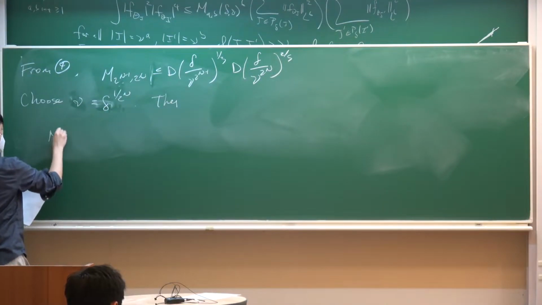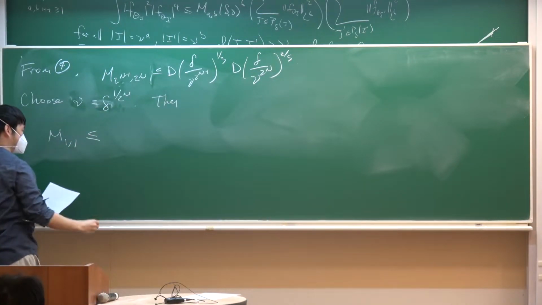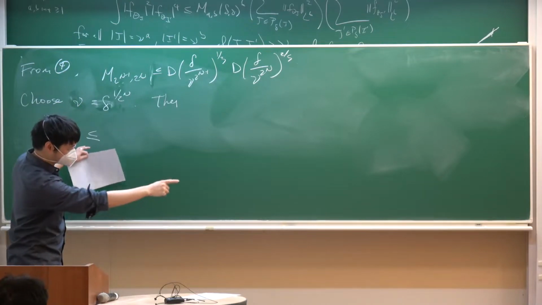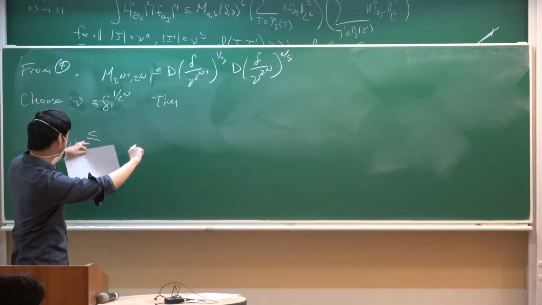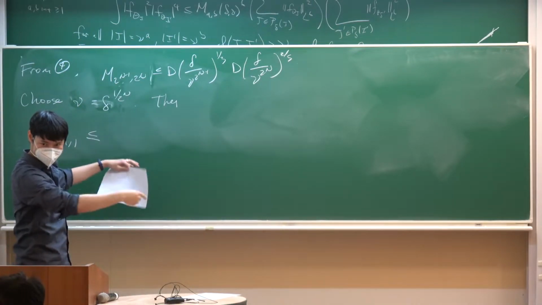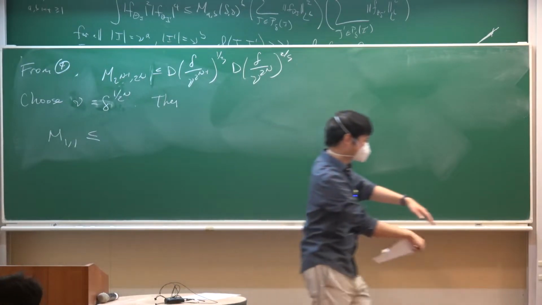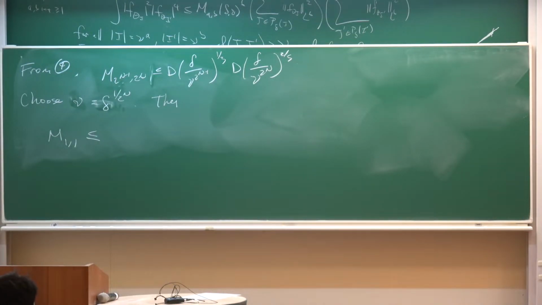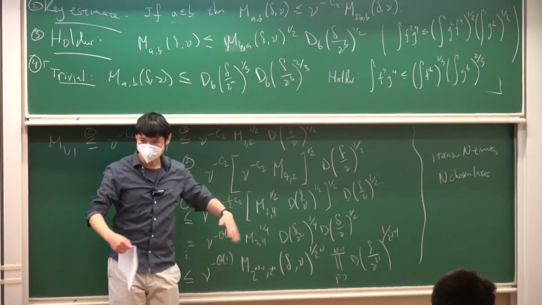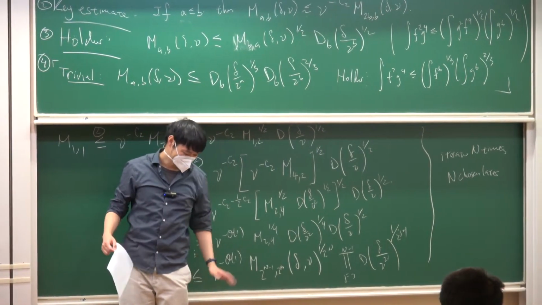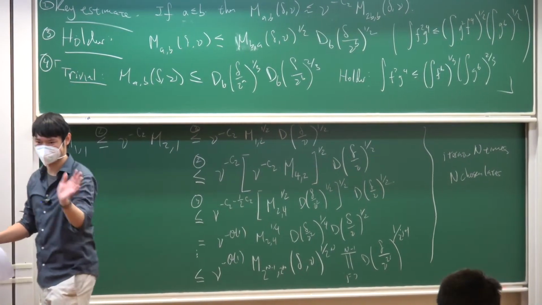okay, then M11 is less than, and I'm ignoring, you know, secretly I should have less than tildes and they would slightly pile up, but it's an exponent, you know, they pile up like the C2s, right? It gets halved and so there's some exponential sum, not exponential sum, geometric series.